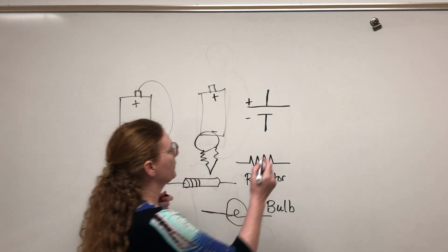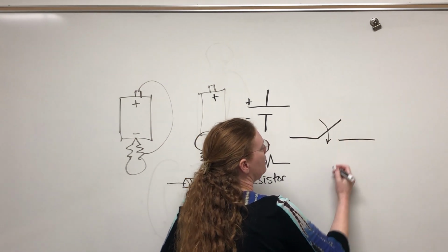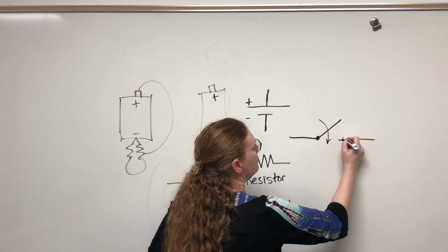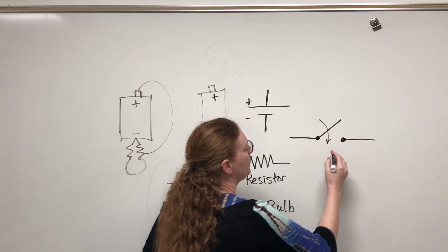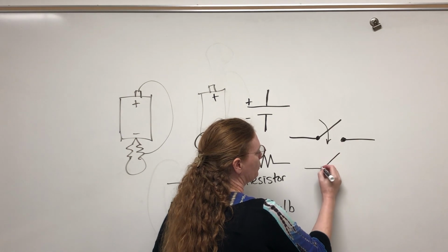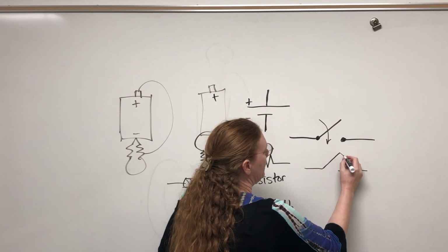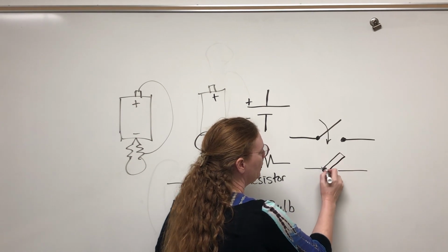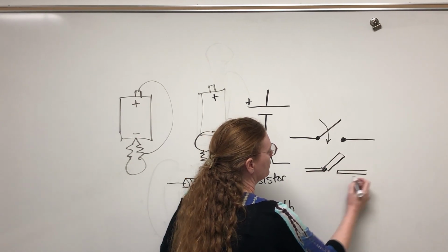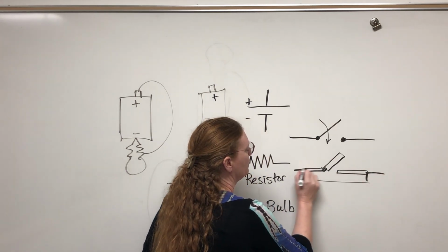Other things, you can have a switch. Sometimes it's shown like this, sometimes it's shown with some terminals like that. And what that is, it's just a knife switch. You have a handle and a hinge, and you can connect up wires.